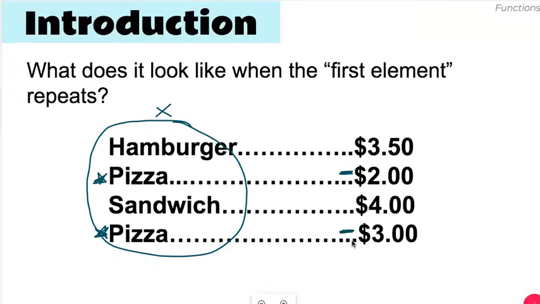You can't charge $2 and then $3 for the same thing. This would not be a function because something in one of the first elements repeats. That creates a situation that doesn't make sense for what we're working with. So that's what it looks like when the first element repeats. That would be considered not a function.